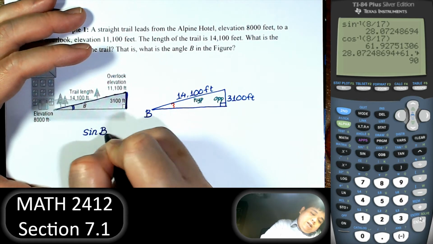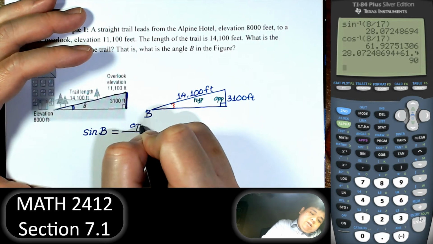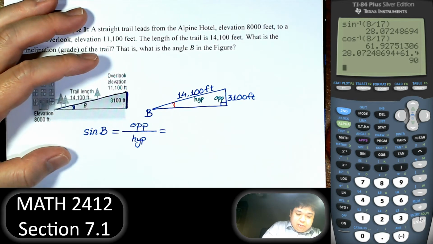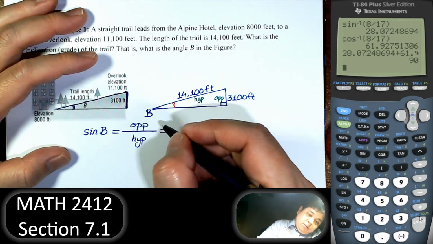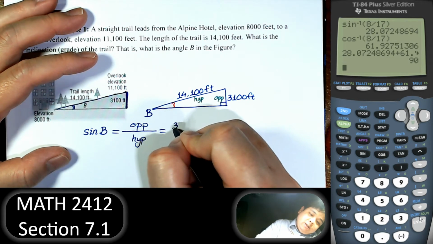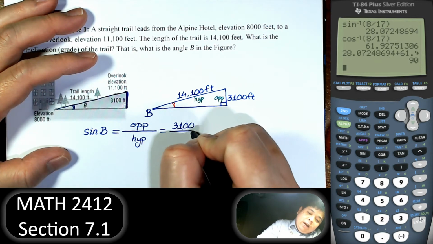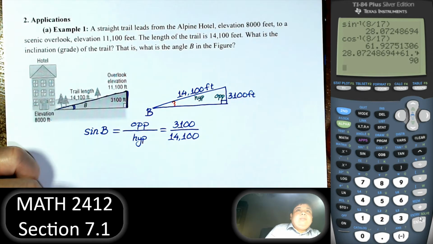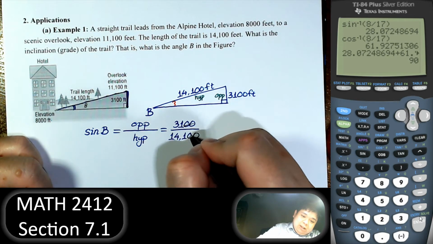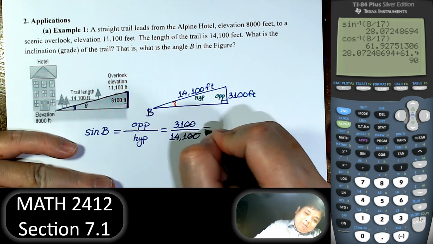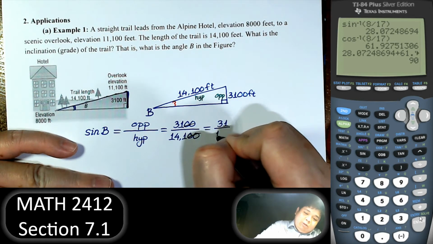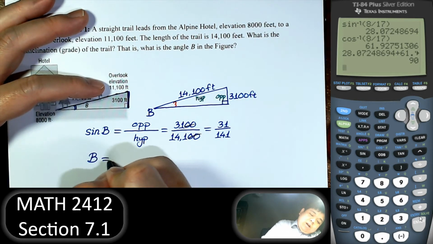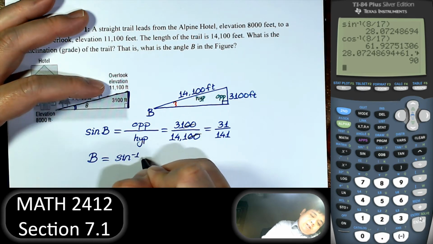So sine of angle B is the opposite over the hypotenuse. Oh, we just have 31 over 141. Just reduce, divide by 100. So in that case, angle B is equal to sine inverse of that.